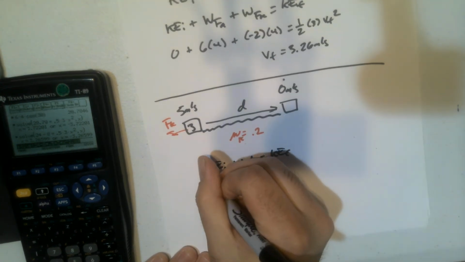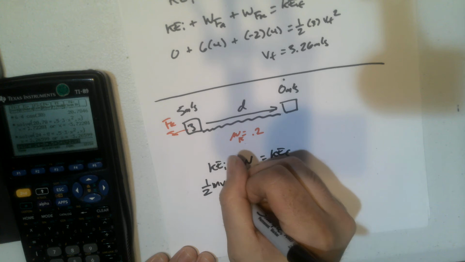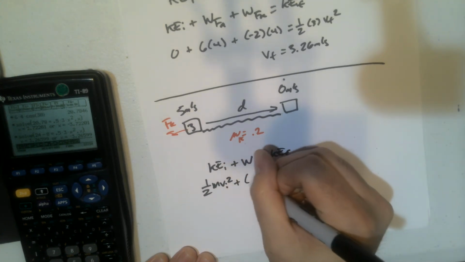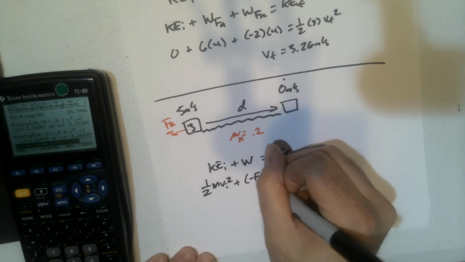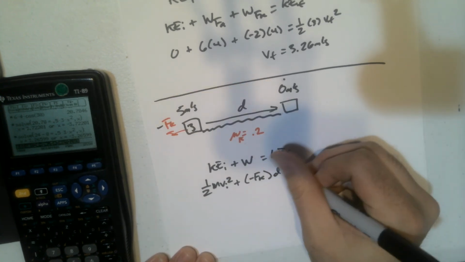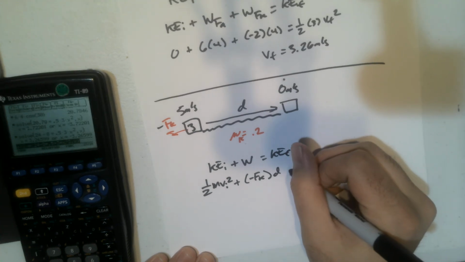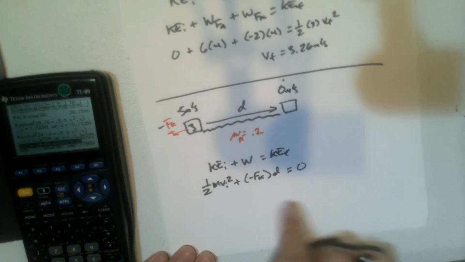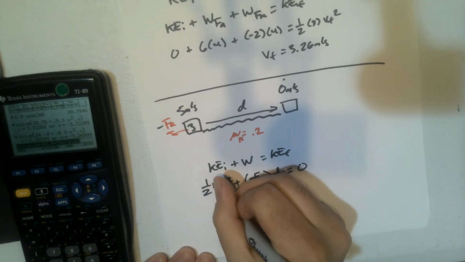So let's call this 1/2 mvi squared. Let's call this negative fk because it's pointed to the left, times d. And then let's call this 0 because it's going to be at rest here. Why don't we move that over to there so it's positive?